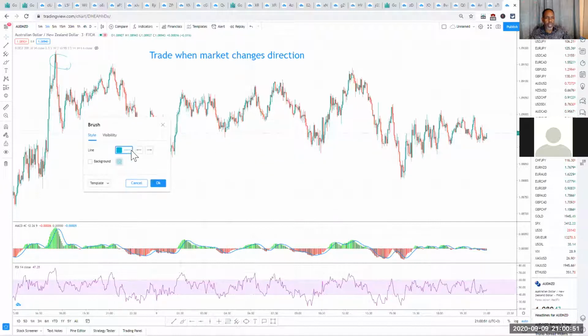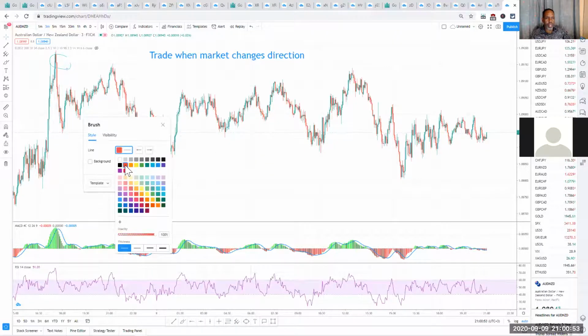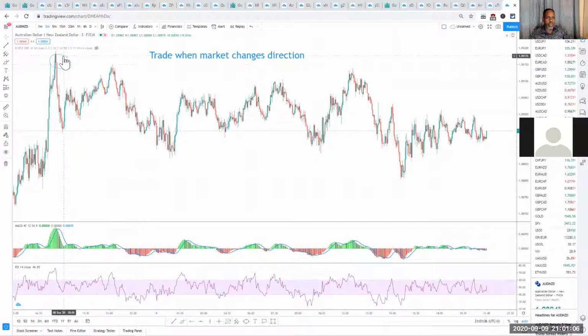I want it to be red, and I want it to be very thick so that you guys can see. Okay. So I can delete that one. Then I draw another one.